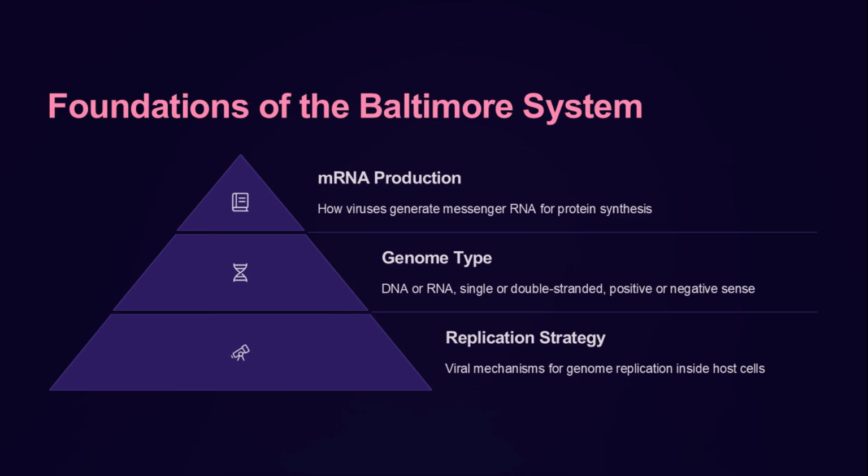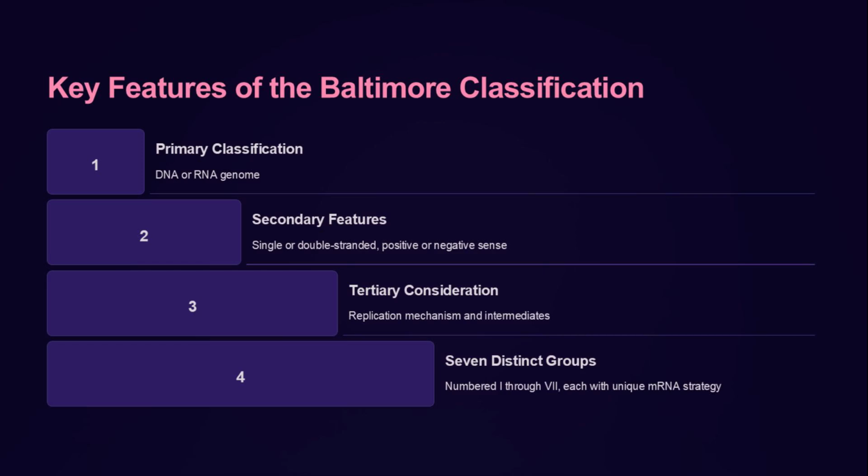Baltimore classification system. The Baltimore classification is a system for categorizing viruses based on their genetic material and replication mechanisms. It divides viruses into 7 distinct groups, numbered I through 7. The primary classification is based on whether the virus has a DNA or RNA genome. The secondary features look at whether the genome is single or double-stranded, and positive or negative sense.